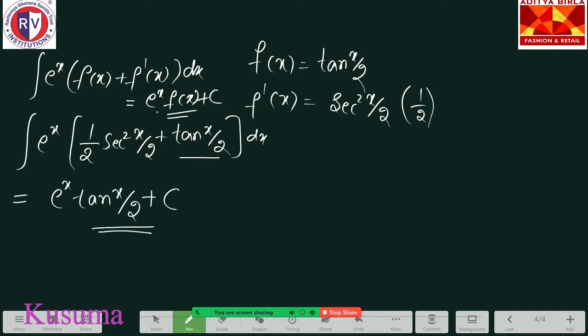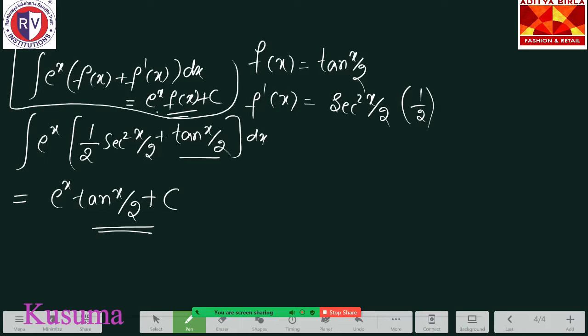This is very important and it will be used in many of the problems. So make a note of it. Integration of e to the power of x into f of x plus f dash of x dx will be equal to e to the power of x into f of x plus c. Okay.